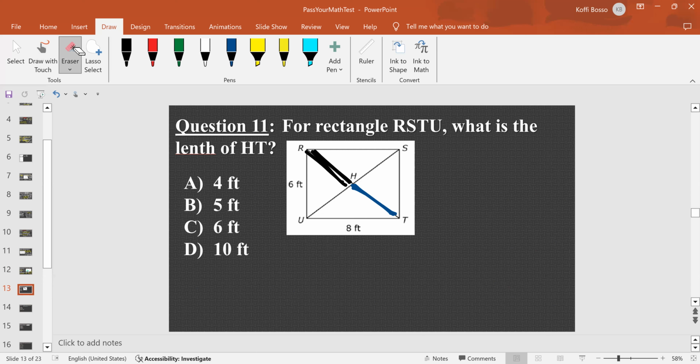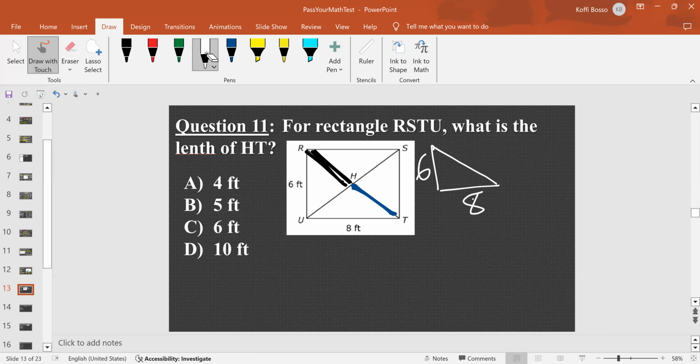So if you represent this as a triangle, the bottom is 8. This side here is 6. We have an H somewhere here. We have a T here. We have a U. We have an R. So I took triangle RUT, or RTU, and I want to find RT.